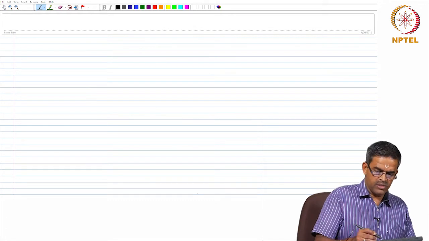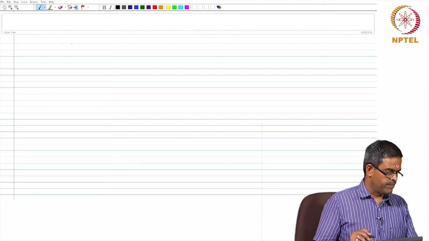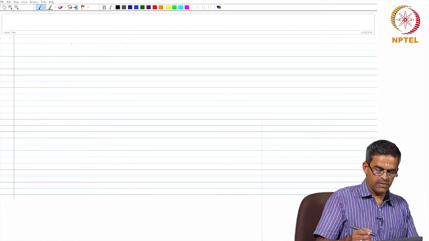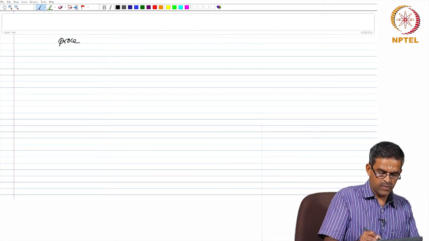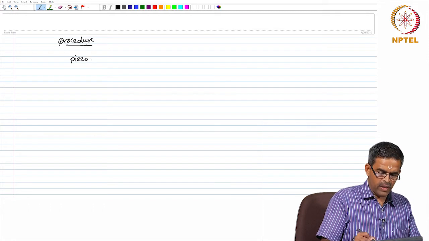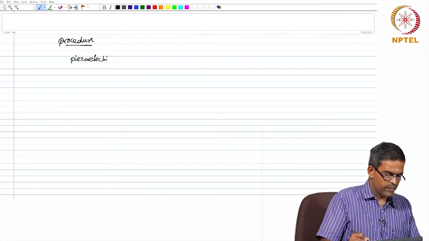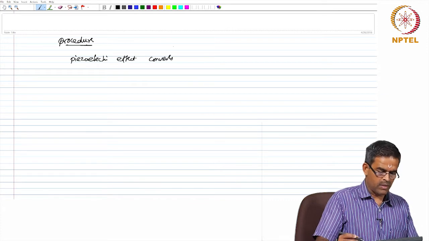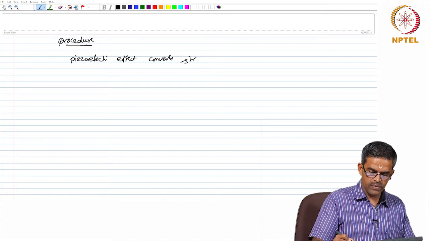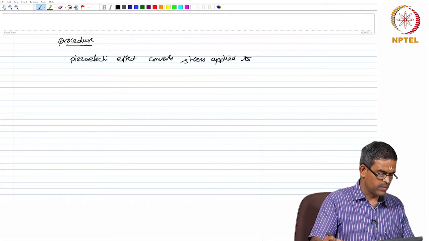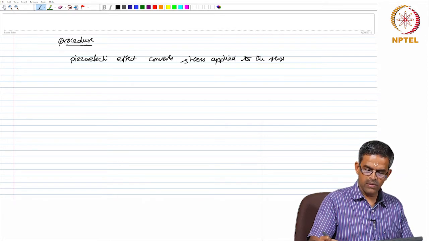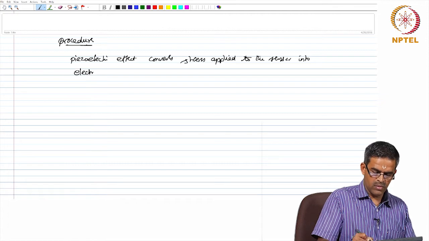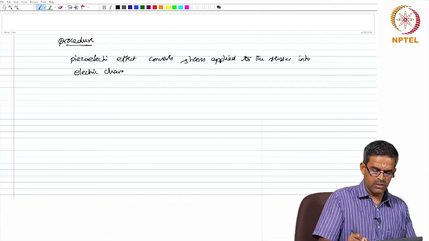Let us see the procedure by which the piezoelectric wafer active sensor works. The piezoelectric effect converts stress applied to the sensor into an electric charge.